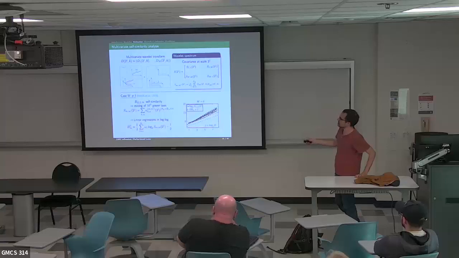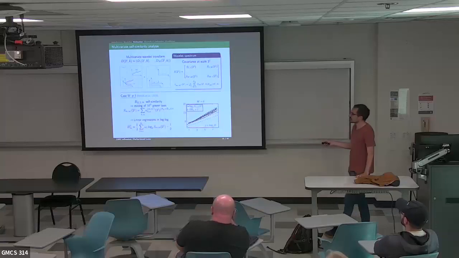But when there is mixing, now the coefficients of the wavelet spectrum behave as a mixture of power laws with respect to scale, with exponents depending on all the possible different self-similarity parameters.